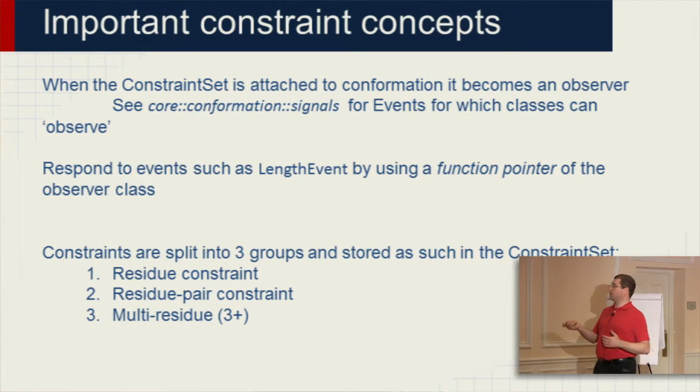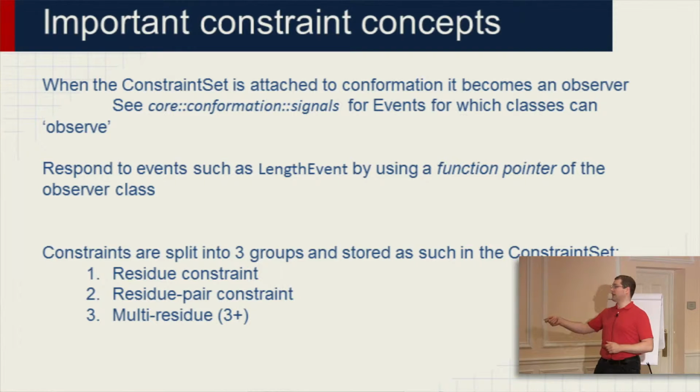And within the constraint set, there's also additionally a separation between the different types of constraints as far as how many residues they act upon. You have constraints that act on a single residue, you have constraints that act between two residues, and then you have constraints that act on three different residues. And when you're doing scoring, it's important to know how these separate out.